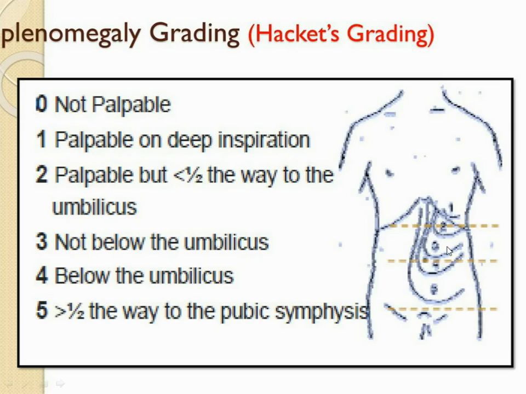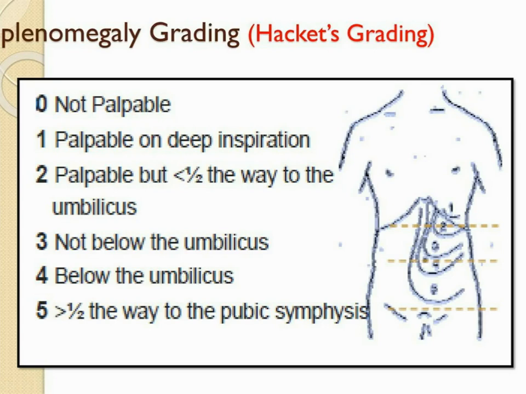The second grade is palpable but less than halfway to the umbilicus. The third reaches the umbilicus but not below it. The fourth grade is reaching below the umbilicus, and this is huge splenomegaly.